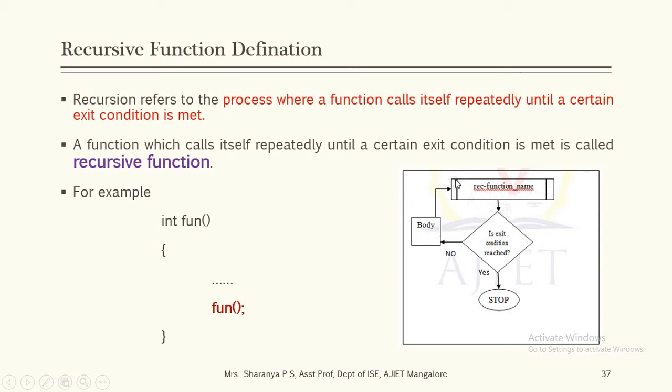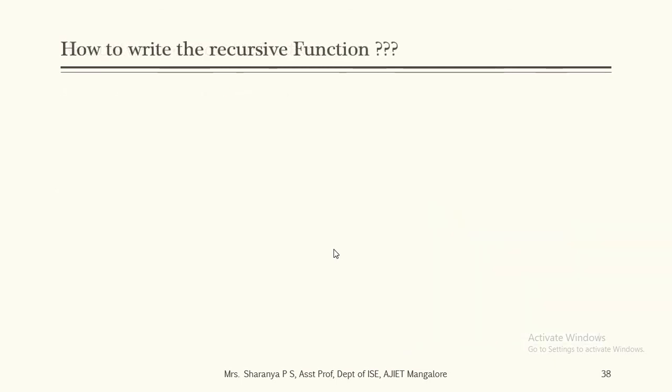This function will keep executing till that condition is reached. After that, it will come out of this and execute the next statement. That is, a set of statements will keep executing in a continuous manner. These we refer to as recursive functions.